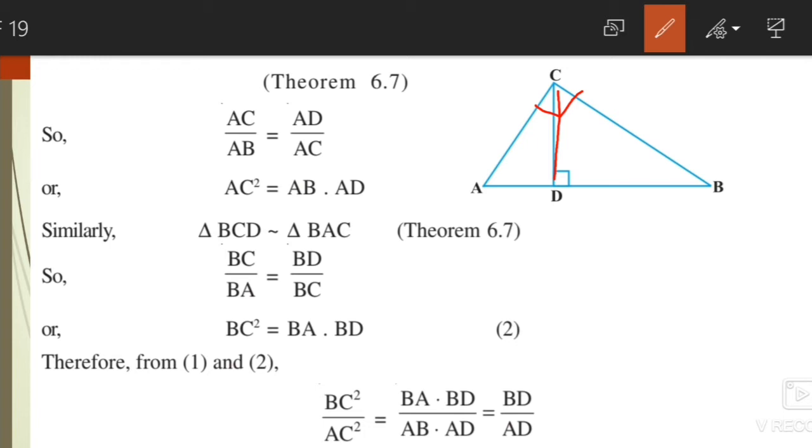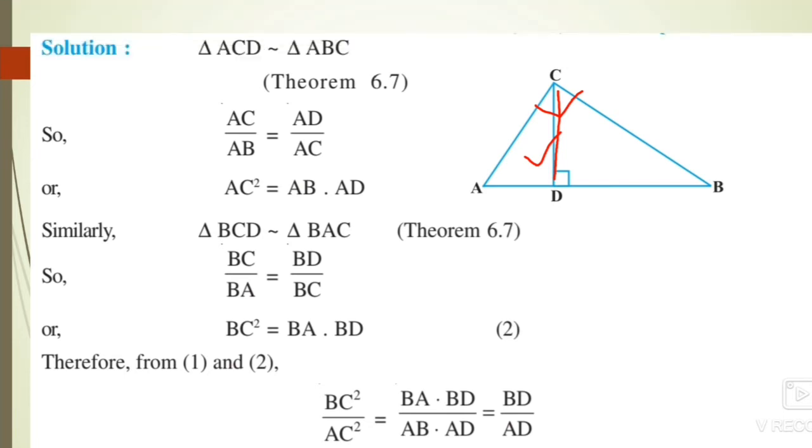It says that if you draw a perpendicular from a vertex of a right angle triangle to the hypotenuse, then the triangles will be similar with the whole triangle. That means triangle ACD will be similar with triangle ABC.